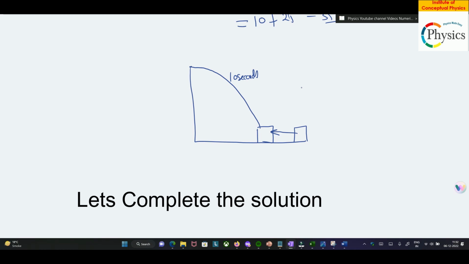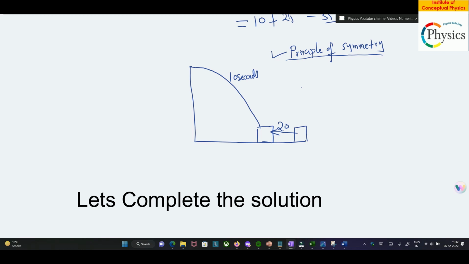So remember, there is a concept of principle of symmetry in projectile motion. If you go and watch my videos, search for principle of symmetry in projectile. It is one of the most important concepts you must understand. And let me show you how to apply the principle of symmetry for balance. So this was 20 seconds.